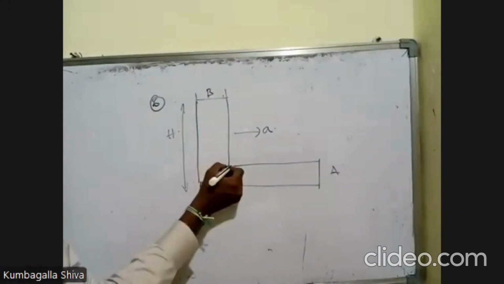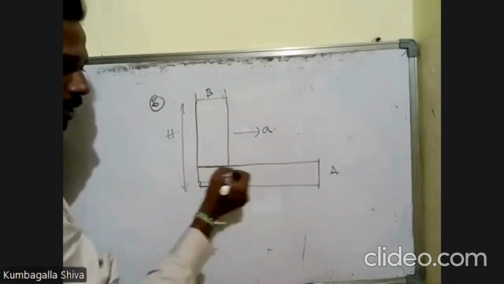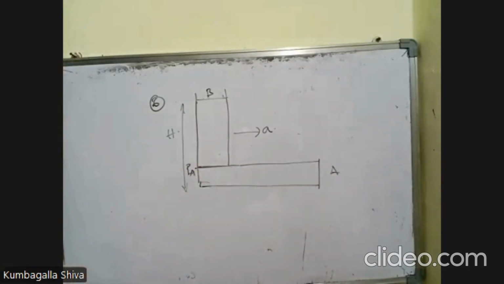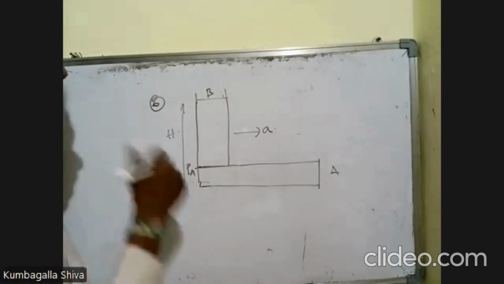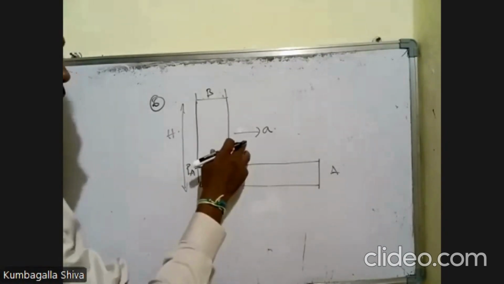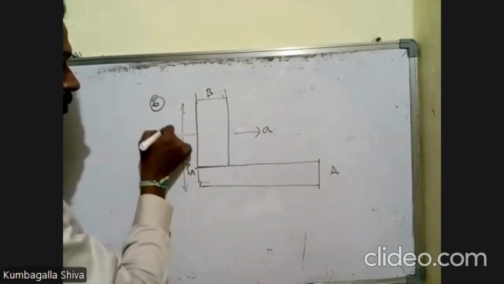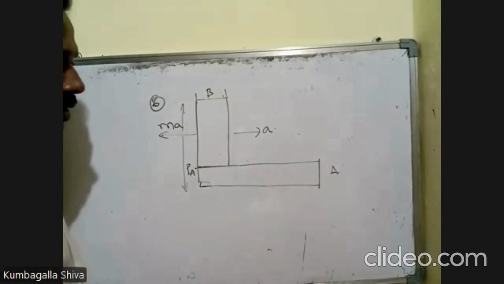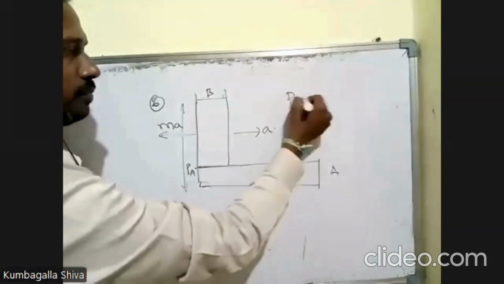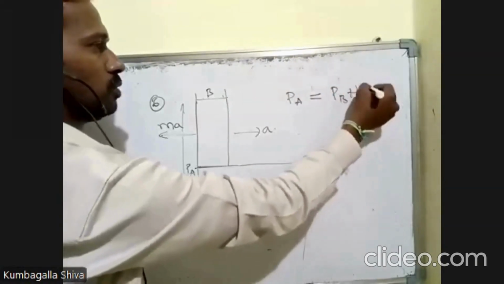We know that at the same horizontal level, the pressures are equal. When you are drawing here, you extend this PA and here also PA. Whenever you are writing the formula with acceleration, you will have a pseudo force. You can write PA is equal to PB plus rho GH.